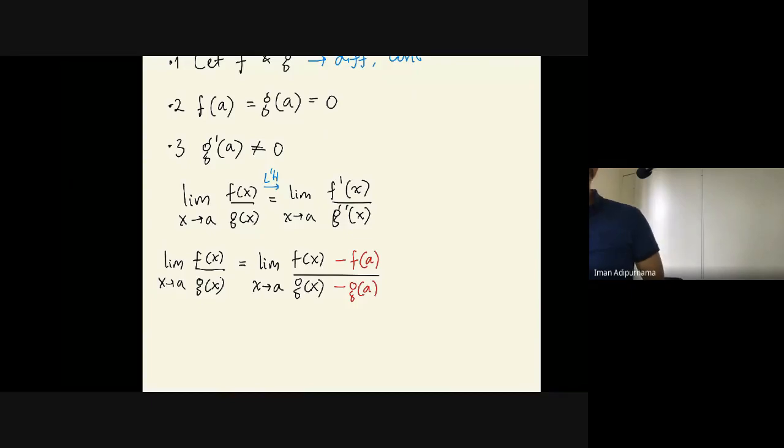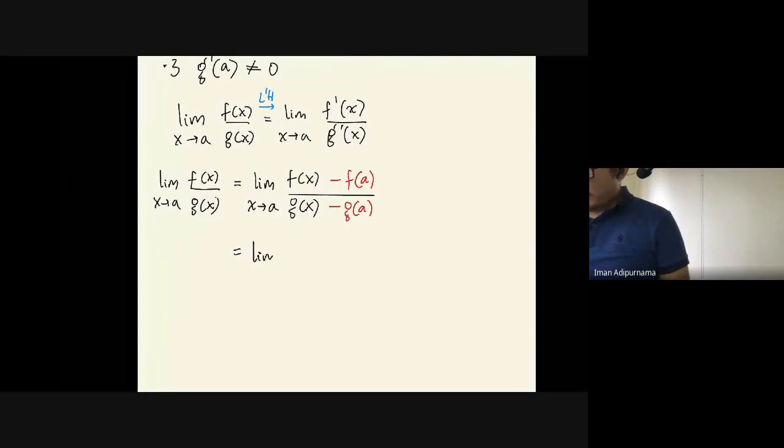Just add them, subtract them, and this becomes the limit as x goes to a. Then I will multiply with 1 over x minus a, both the top and bottom, so this is x minus a, and this is also x minus a.